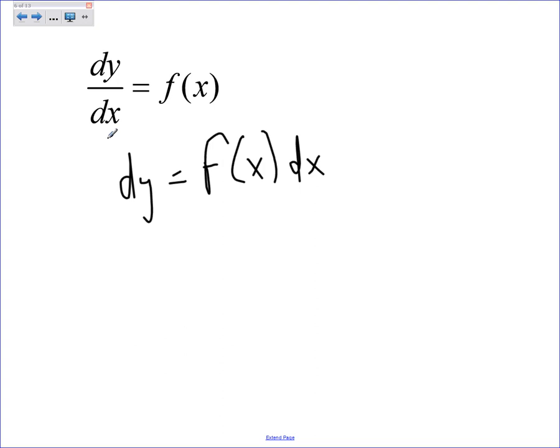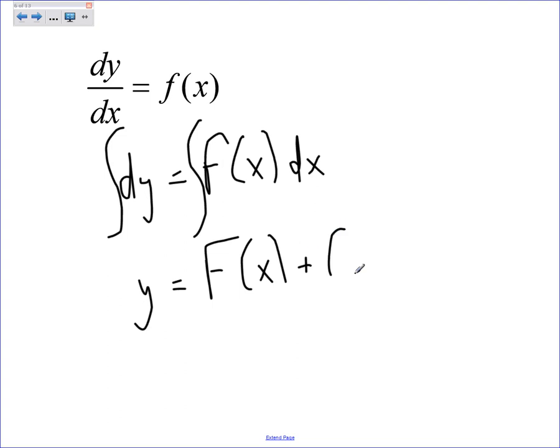What we're going to do is take the antiderivative, and we have a notation for antiderivative. It's this. Looks kind of like an s, but it's a little elongated. It's the integration sign. If we take the antiderivative of dy, we get y. If we take the antiderivative of lowercase f of x, notation-wise, we get uppercase F of x plus c.